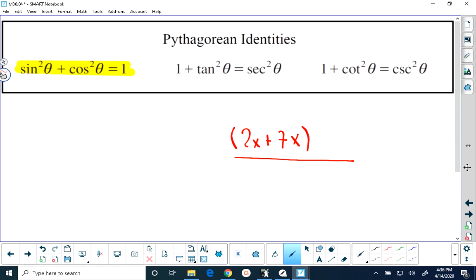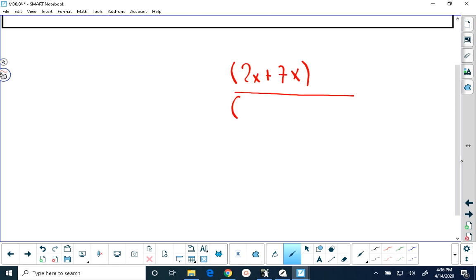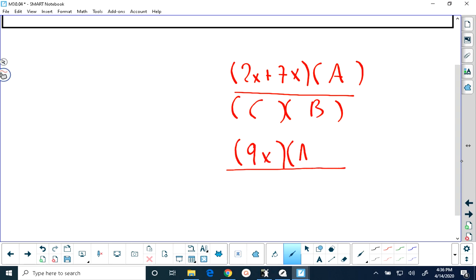As soon as you see 2x plus 7x, your next step in the problem, and it doesn't matter what else is present, is to write 9x in place of that. You're going to really have to get used to that kind of thinking as we work through the next couple of weeks. You want to identify things that can be written in a simpler form.